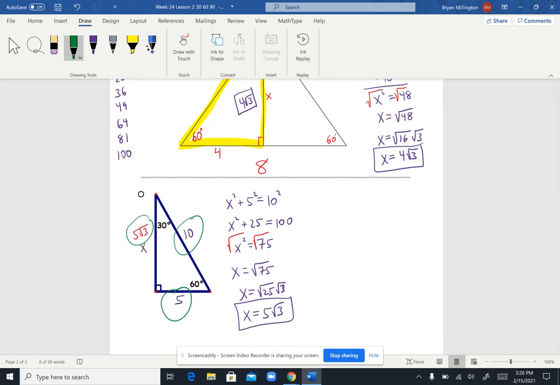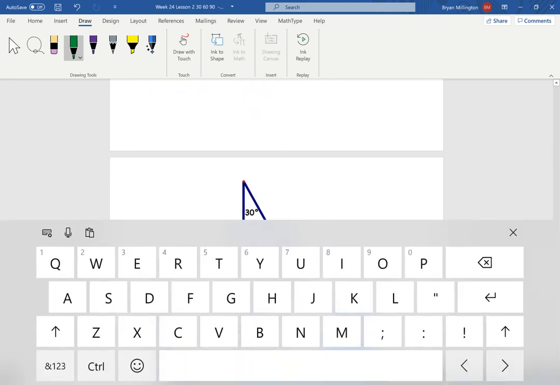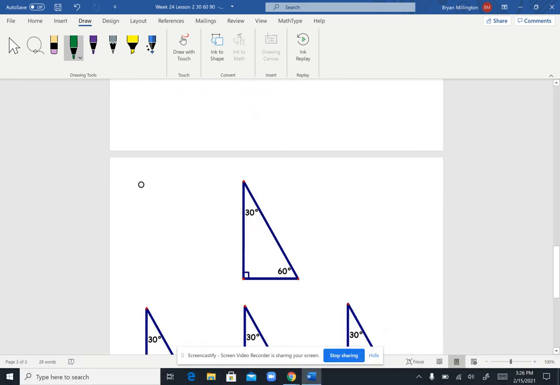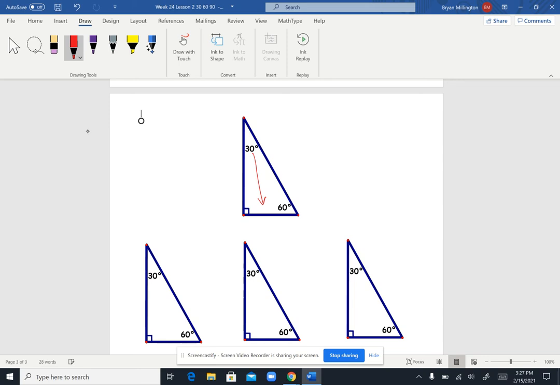All right, so let's summarize this pattern. Just like Ms. Rose used in the other video, I like to use x to describe how the sides are related to each other. So the shortest side is always going to be the one across from the 30. The one across from the 30 is x. The one that's across from the 60, the longer leg, is going to be whatever that shorter leg was, but times root 3.